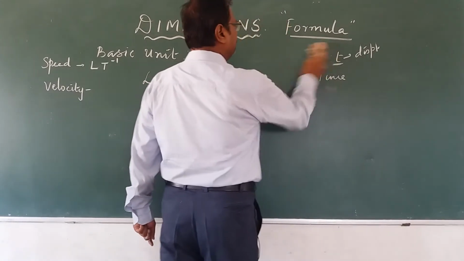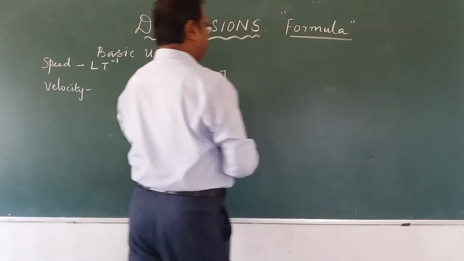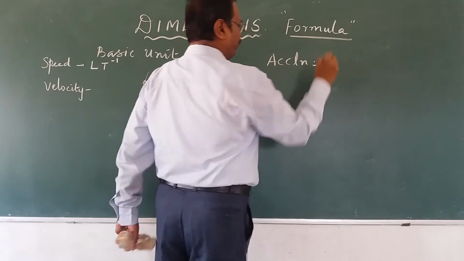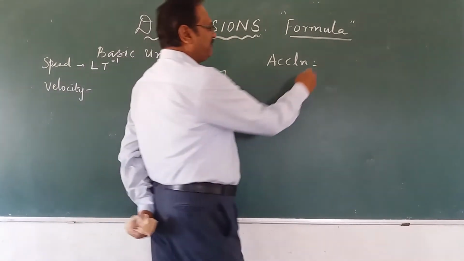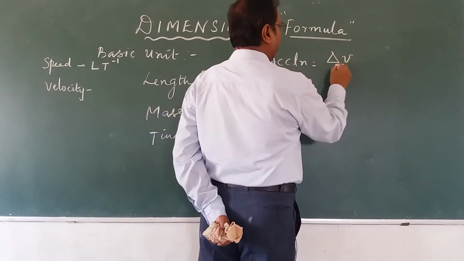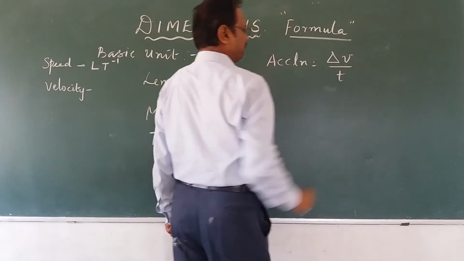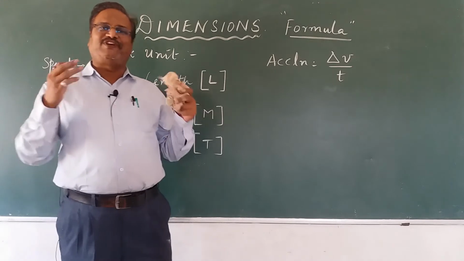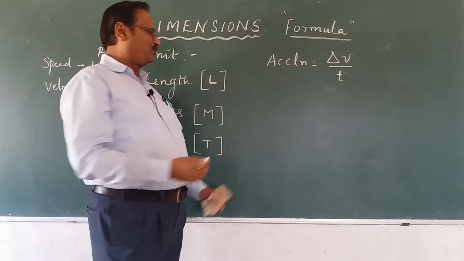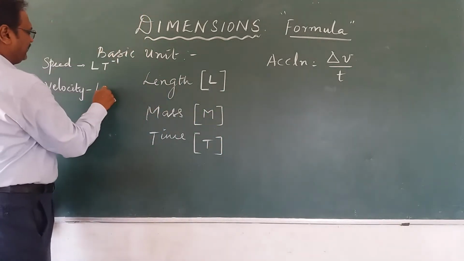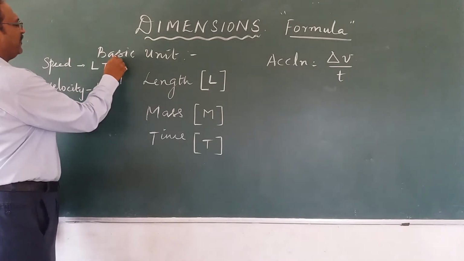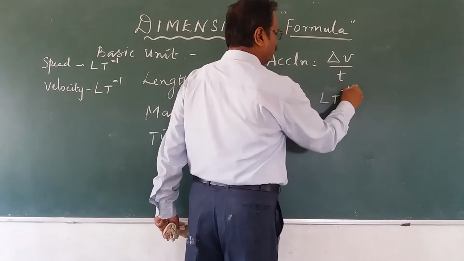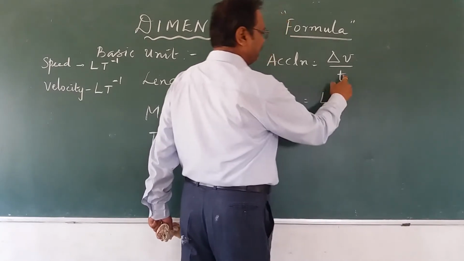In 9th standard you have also studied acceleration. How do you define acceleration? It is defined as change in velocity divided by time taken: final velocity minus initial velocity. So what is the dimension of velocity? L T power minus 1. So we take L T power minus 1 divided by T, where T is for time.